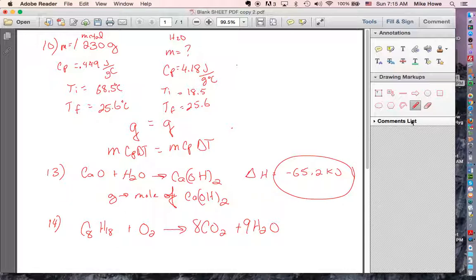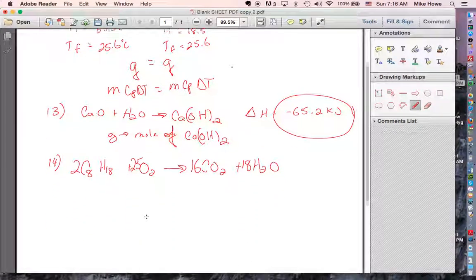So in that scenario, what you need to do is go back to the beginning and double this. That means we're going to have a 16 here, and we have 36 hydrogens, so we'd have an 18 here. 16 times 2 is 32, 18 times 1 is 18, so you have 50 oxygens on the right side, so you have 25 on the left side. So there's a balanced chemical equation.